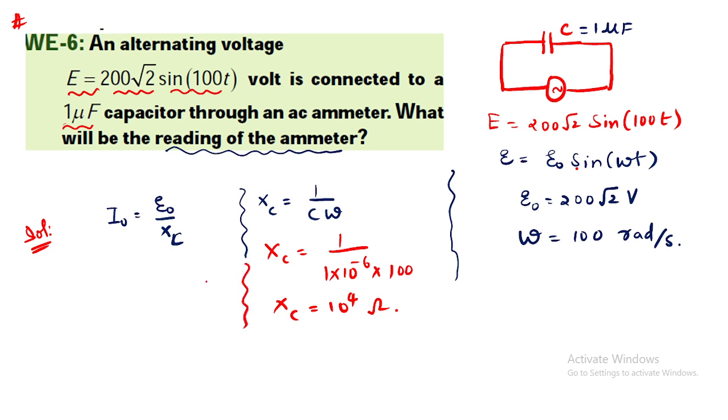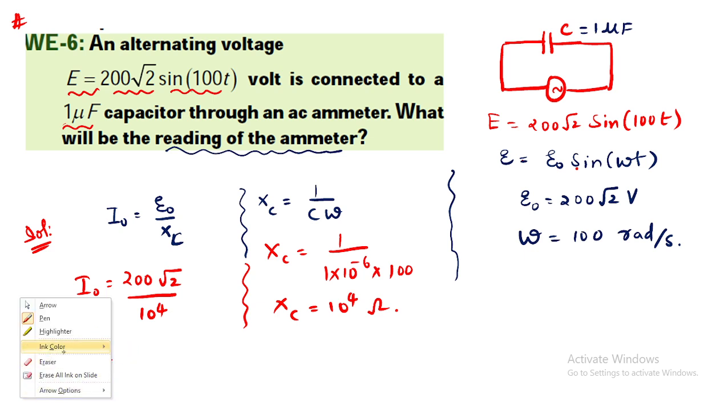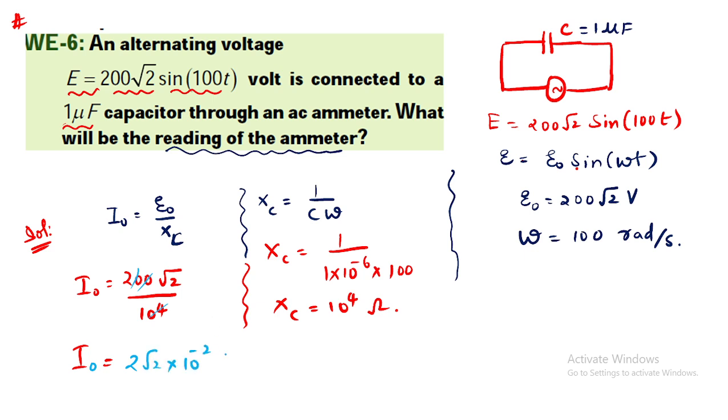So I value will be 200 into root 2 divided by 10 power 4. So what is the answer? If I cancel, it will be 2 into root 2 into 10 power minus 2.